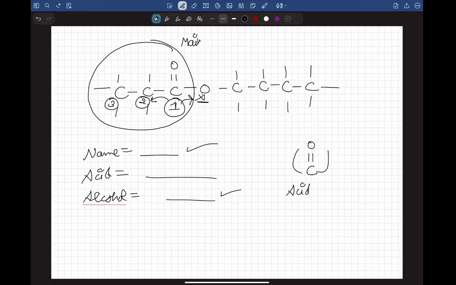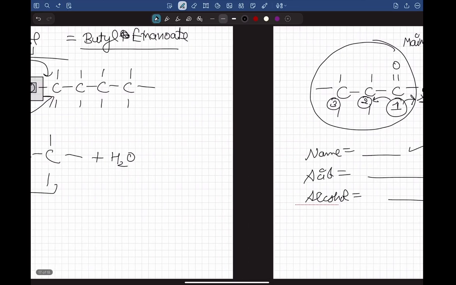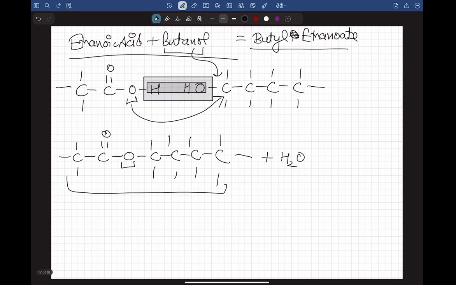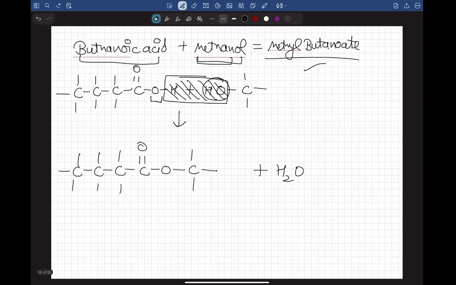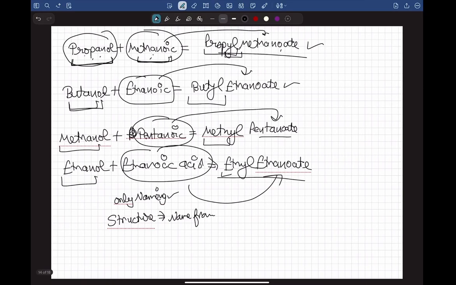This forms the part of your main chain which will give you the suffix. And I'm hoping all of you remember the suffix is given by the acid, right? We just discussed here that if ethanoic acid is there, then we will call it ethanoate. If butanoic acid is there, we will call it butanoate. If methanoic acid is there, we will call it methanoate.